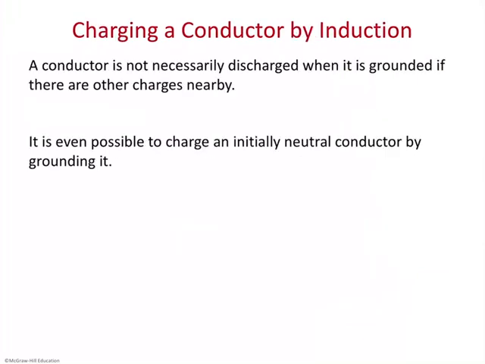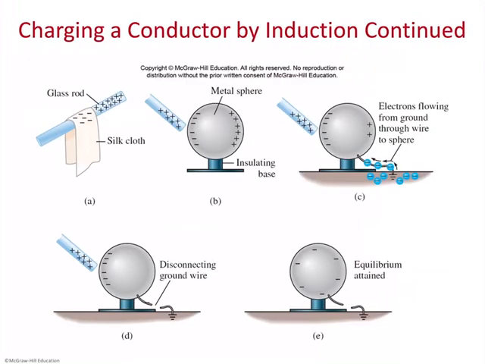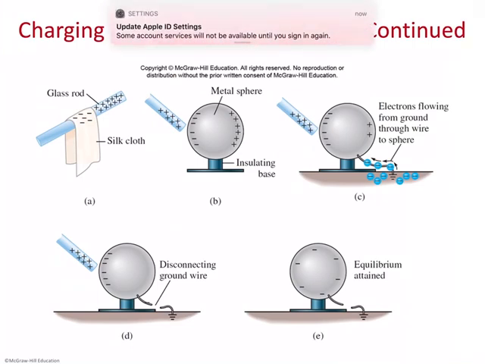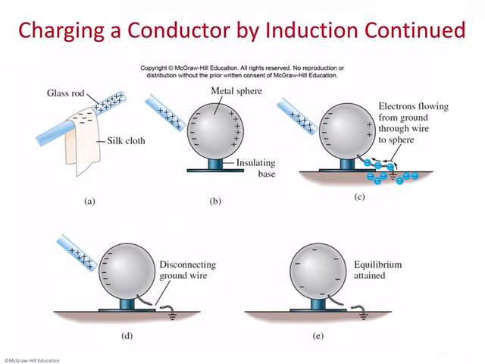So a conductor is not necessarily discharged when it's grounded if there are other charges nearby. It can actually get charges from the ground too. This shows a similar situation. You've got this glass rod that you've rubbed, causing charges to move to one end, so it's positively charged.